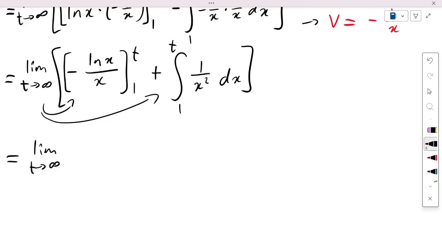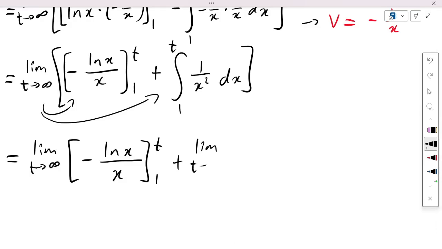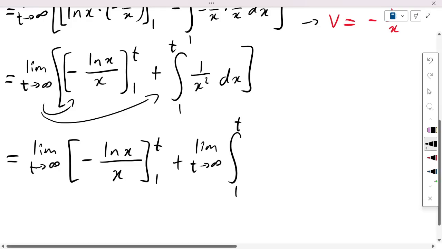So we have the limit as t approaches infinity of negative natural log of x over x, which we're not going to evaluate yet, evaluated from 1 to t. Plus the limit as t approaches infinity of the integral from 1 to t of x to the power of negative 2, because we're going to start integrating now. Now it looks like this.